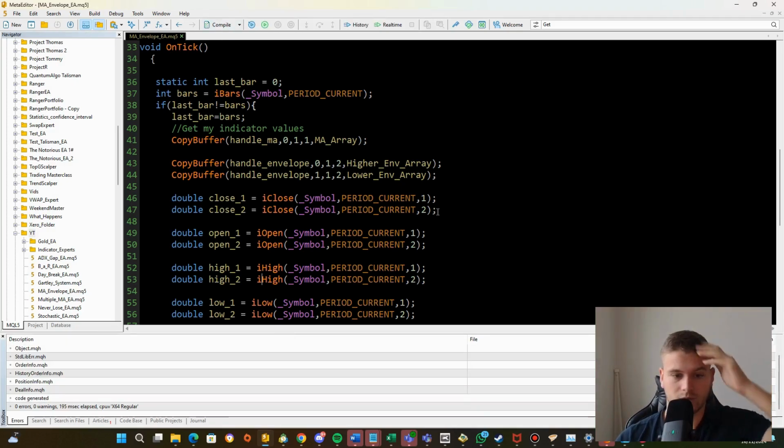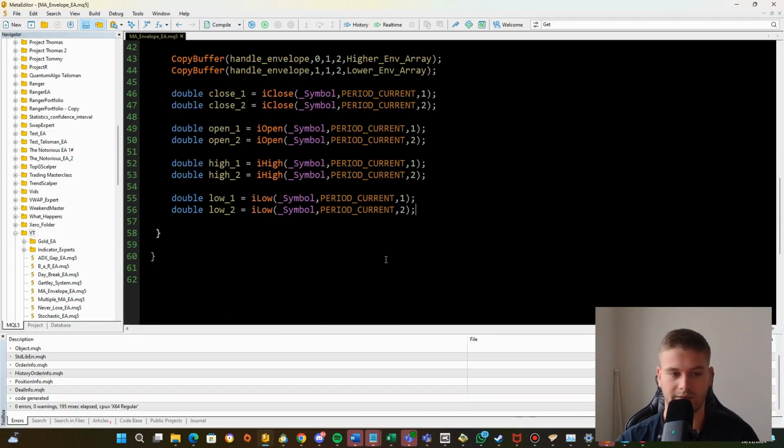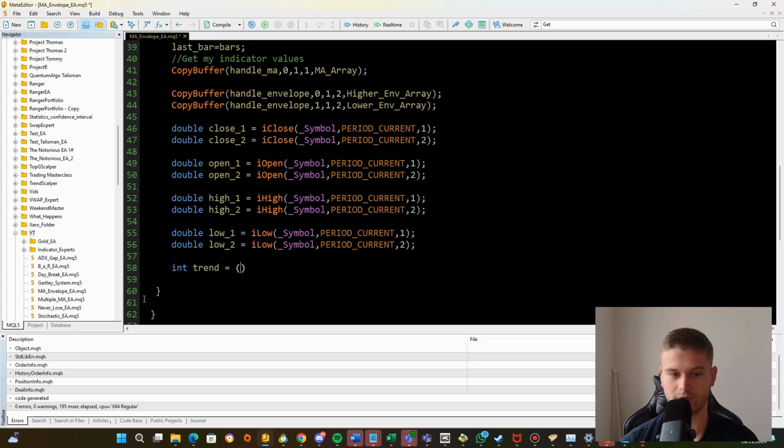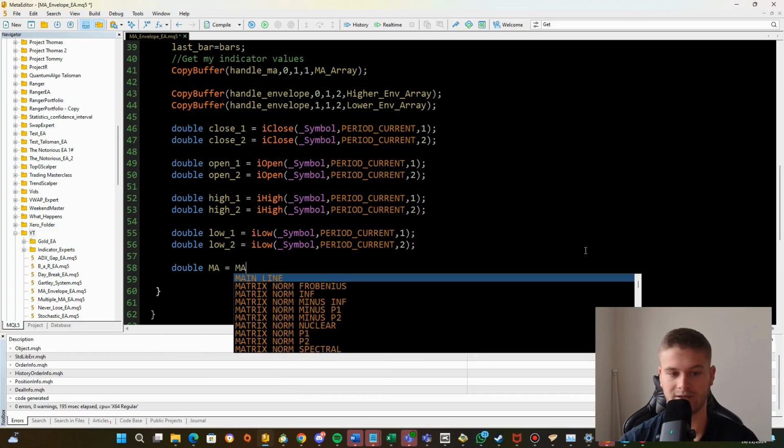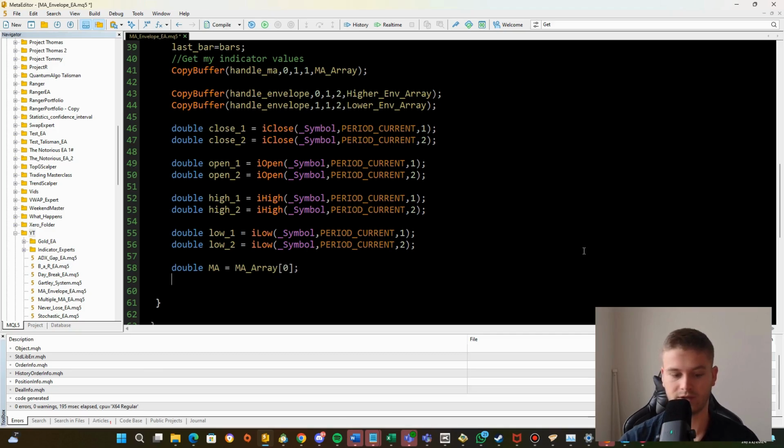Perfect. So now let's get the trend. I will create an integer variable called trend. You know what, let me also create variables for those indicator values so it's easier to work with them. So MA is equal to MA array at position 0.